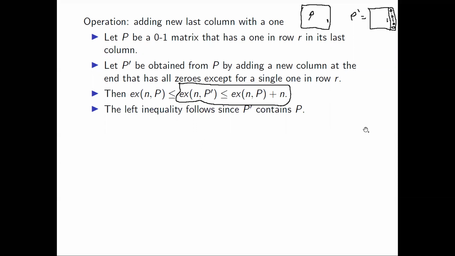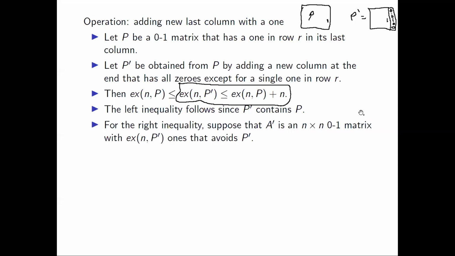Now let's focus on the more interesting side, which is the right side. So for the right side, we will suppose that we have an n by n 0, 1 matrix. We'll call it A prime. And it has EX of n, P prime 1s, and it avoids P prime.